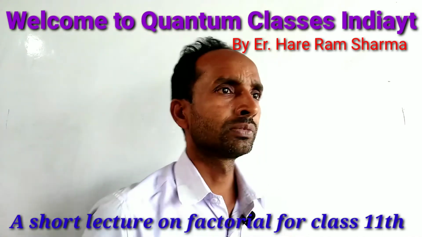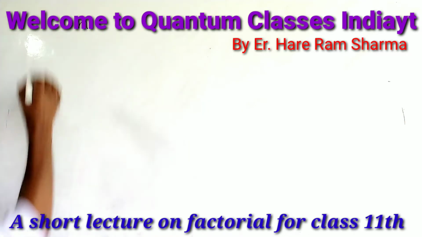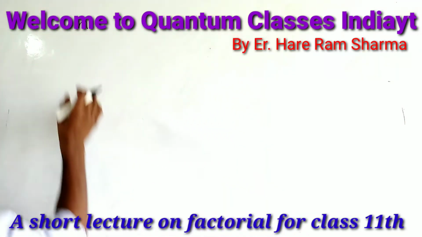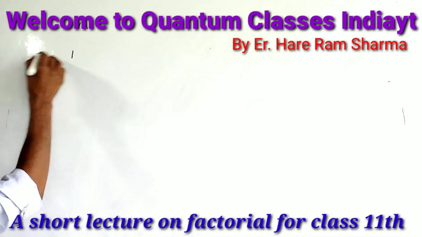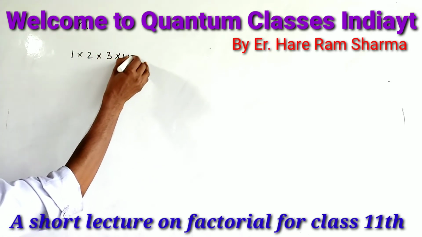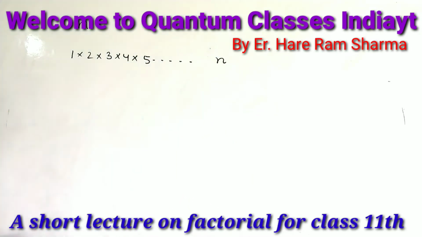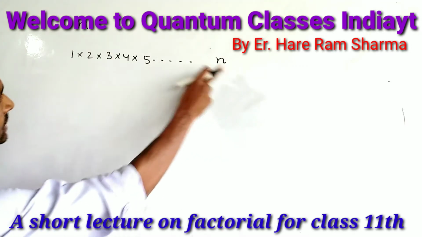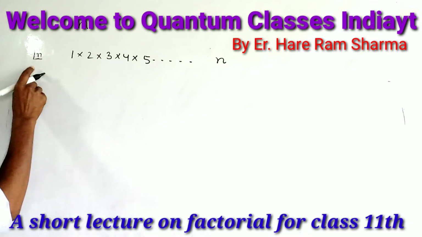So let's start. Suppose n is a natural number. If we write the product 1 into 2 into 3 into 4 into 5 and so on up to n terms, starting from 1 to n, then the factorial of n is denoted like this.